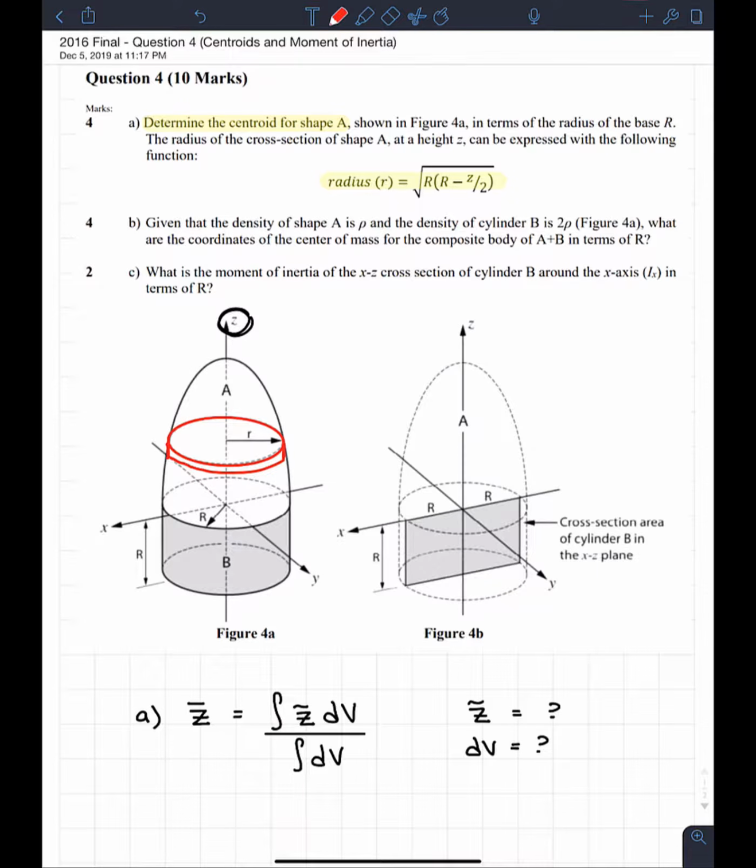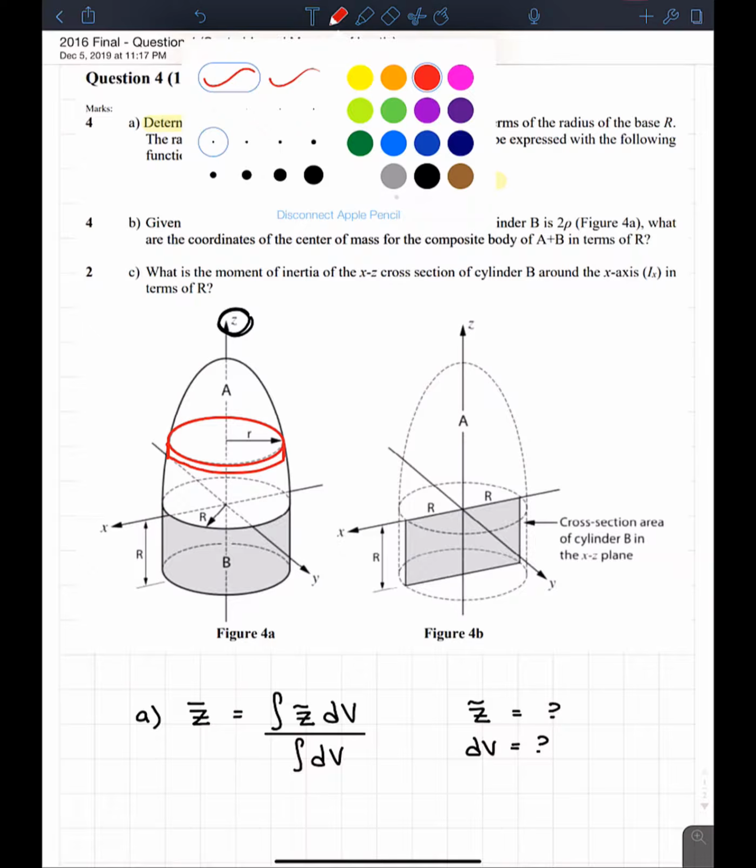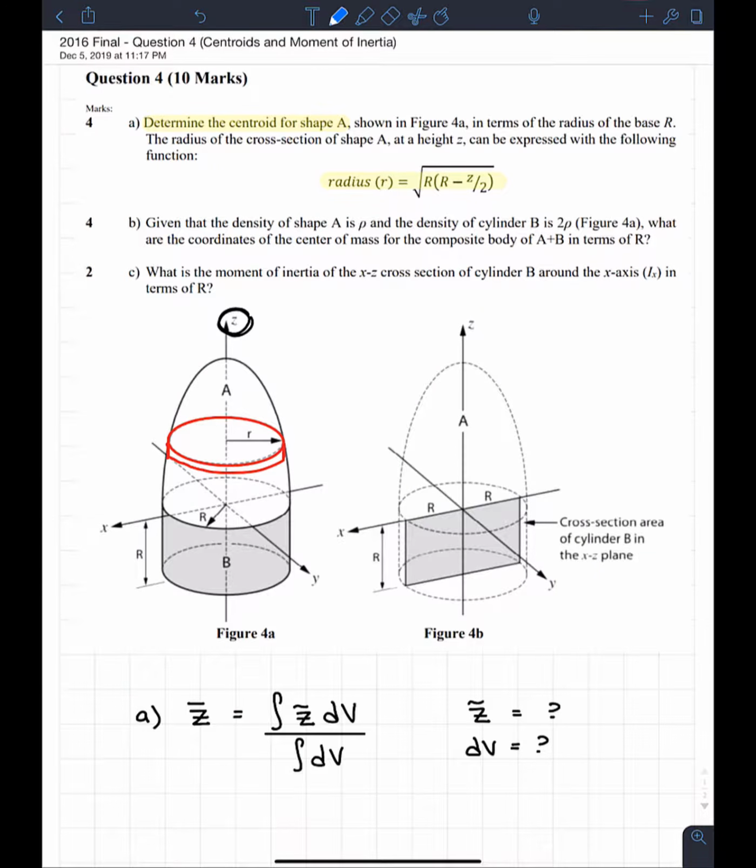One thing that's nice about 3D is that for our squiggle, whether it's y squiggle, x squiggle, or z squiggle, remember it's the distance from the axis. In this case it's the xy plane, so it's the distance from this plane down here all the way up until the centroid of the slice, which is right here. This height, which you can't really draw too well in 3D, is our z squiggle.